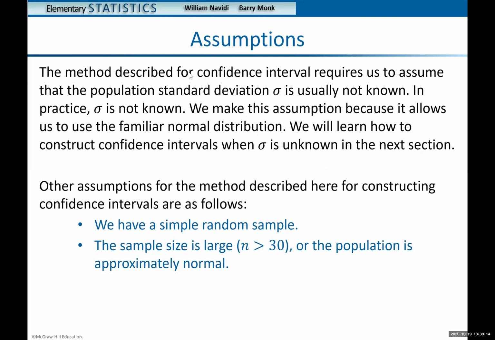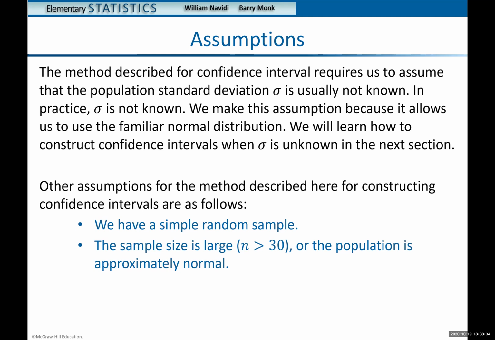All right, so assumptions. From now on, for all the sections, starting this chapter, chapter 8, every section will always have an assumption. For this section, these are the two assumptions.